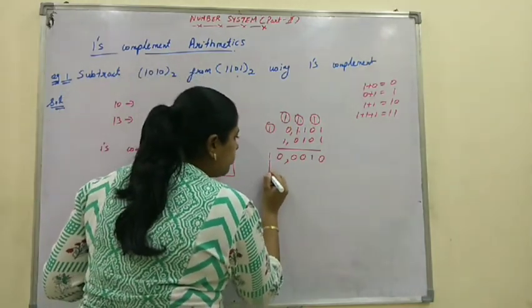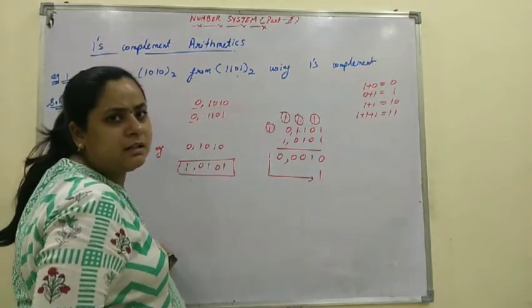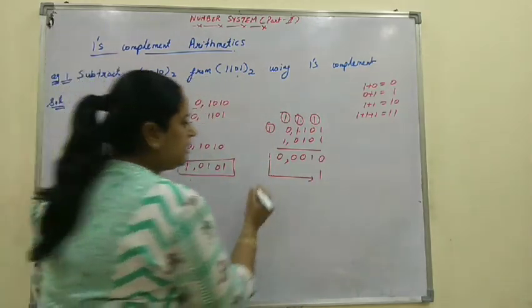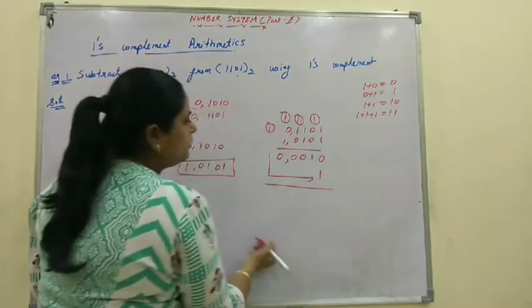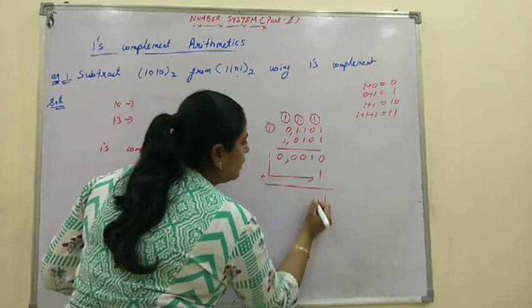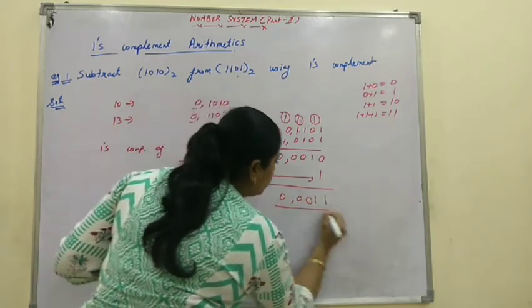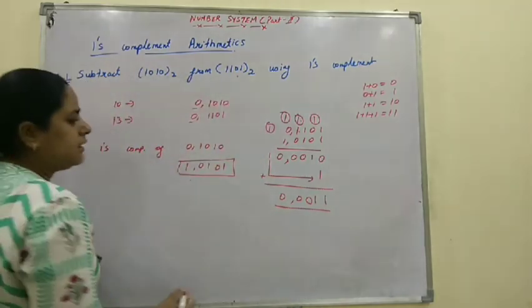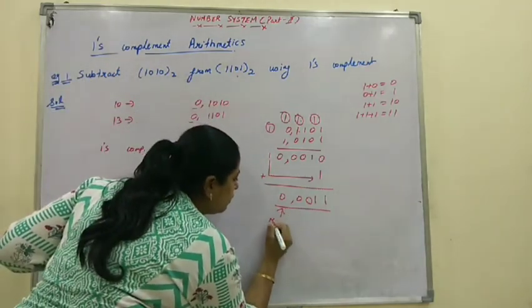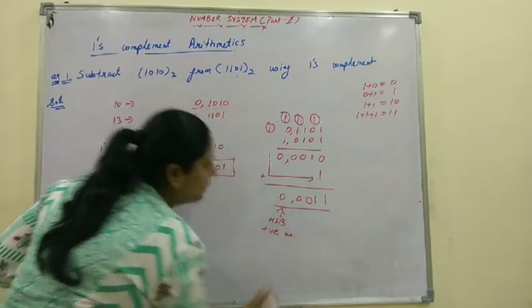What we will do is drop this carry and add it at the least significant bit of this result. The final result we get will be 0 plus 1, 1, 1, 0, 0, 0. This is the final answer, where this 0, the most significant bit, represents that it's a positive number.